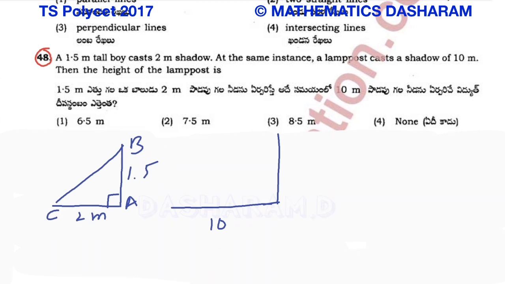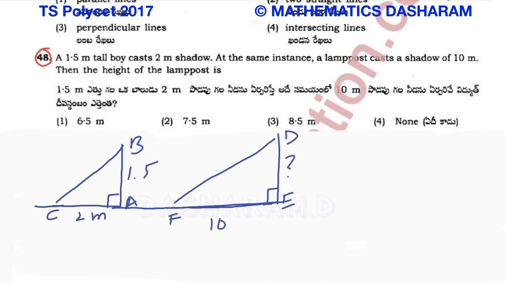So A, B, C, D, here E, and this is F. And here also join DF. So they are on the same base. Then he's asking what is the height of the lamppost.